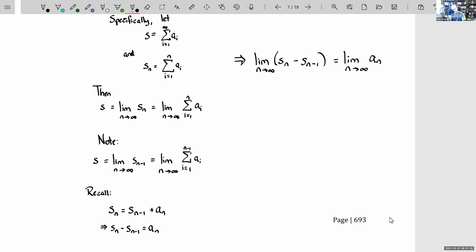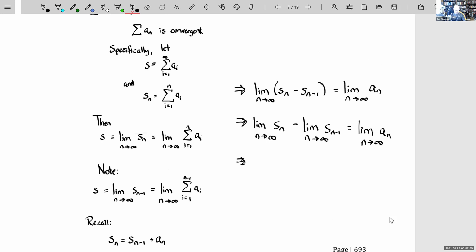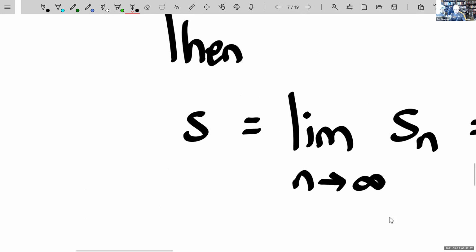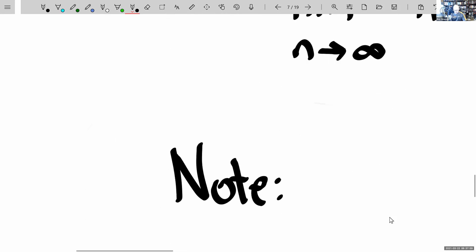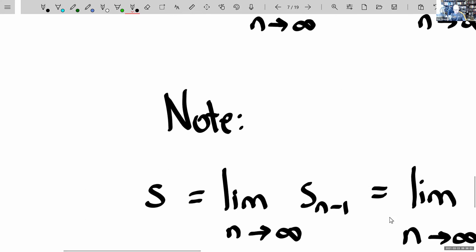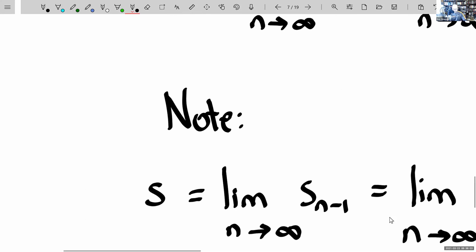But we've just stated that the limit as n goes to infinity of S sub n is just S, and the limit as n goes to infinity of S sub n minus 1, well, that's just S as well.